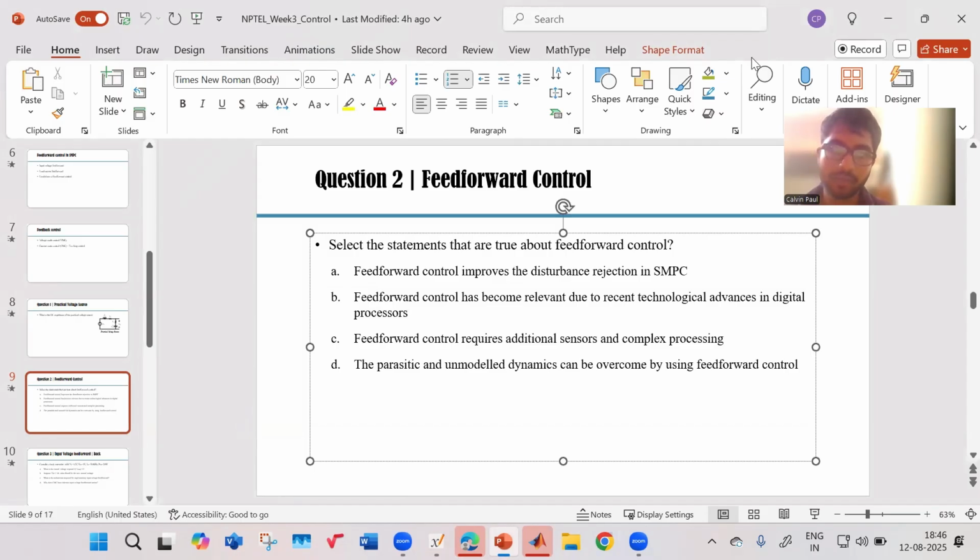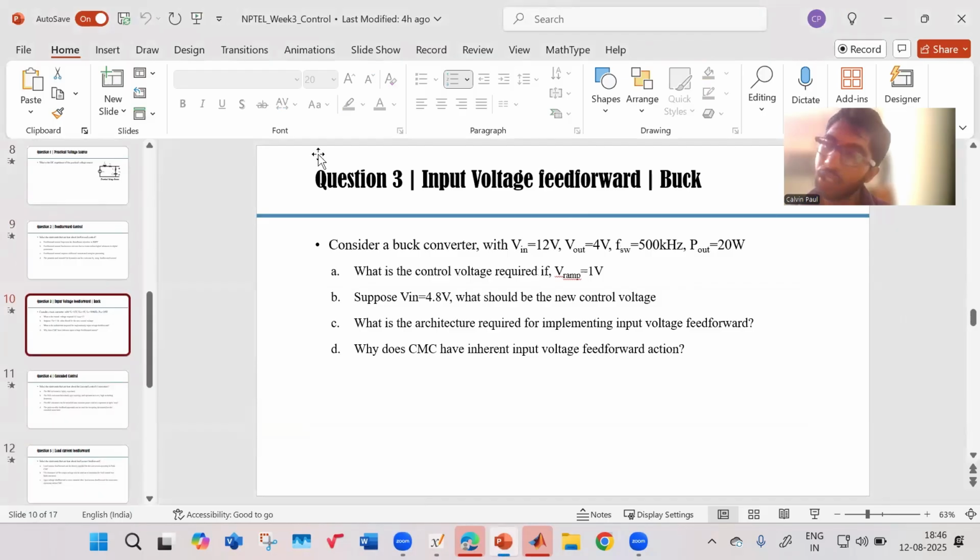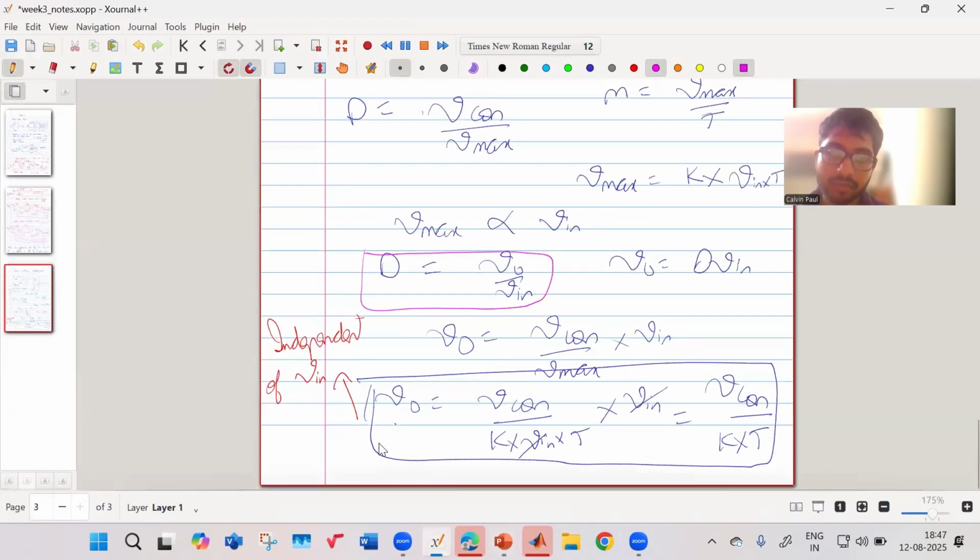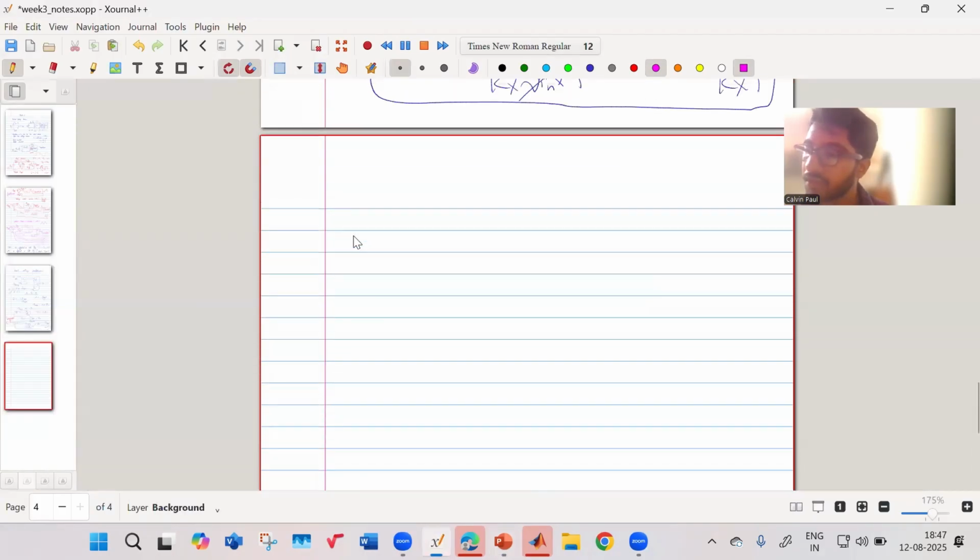Okay. So next is input voltage feed forward in the buck converter. Yeah, so that's what I explained just now. Okay, let us solve this. So we are targeting question 3.